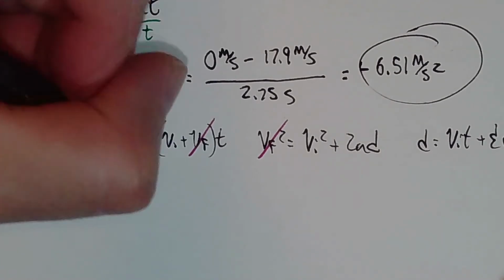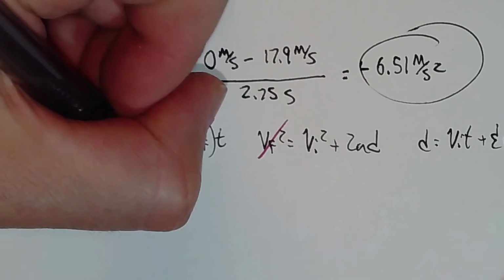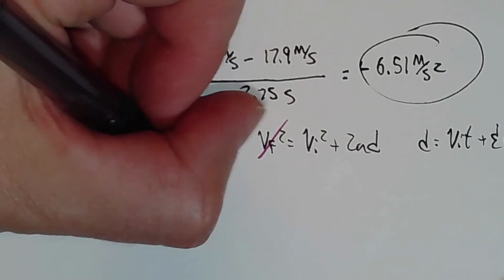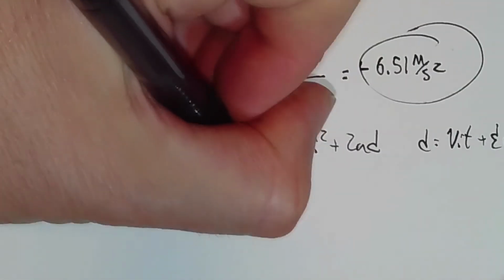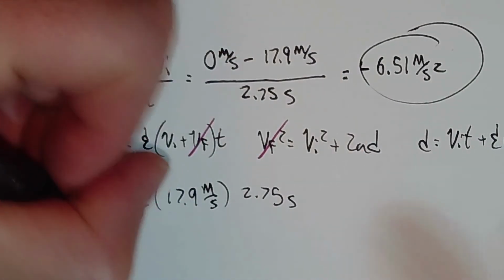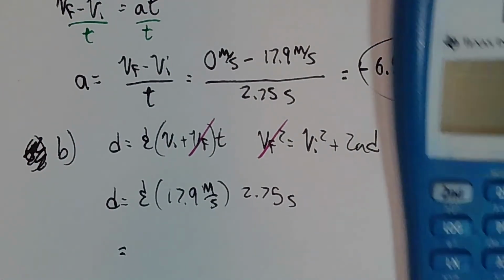So D equals 1/2 times 17.9 meters per second and 2.75 seconds. So we multiply this out.